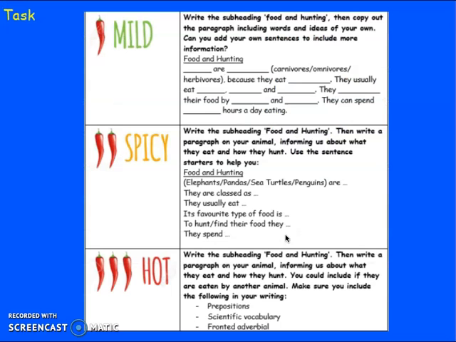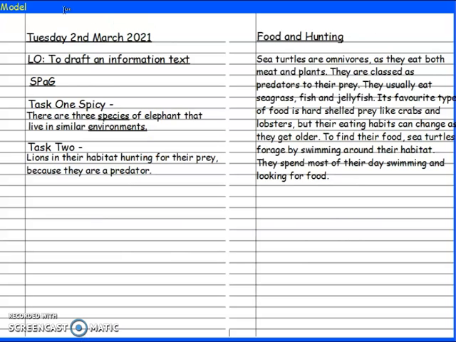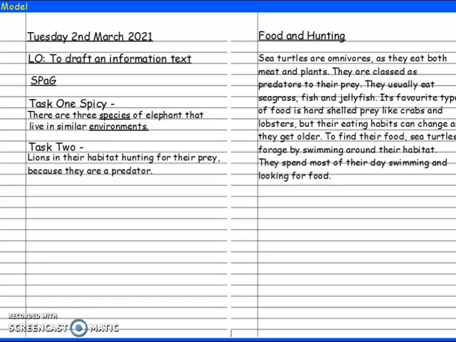And that was my last sentence, I think. If I go back, there's not another one. So there we go. So I have now got a nice drafted section of my food and hunting information about my animal, and I used my plan and things that I've learned and the sentence starters to help me with that.